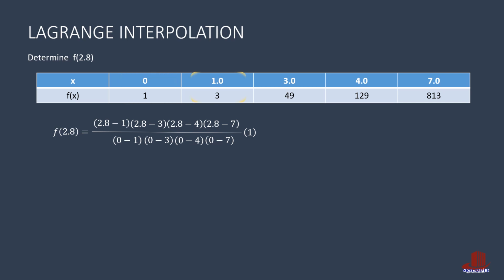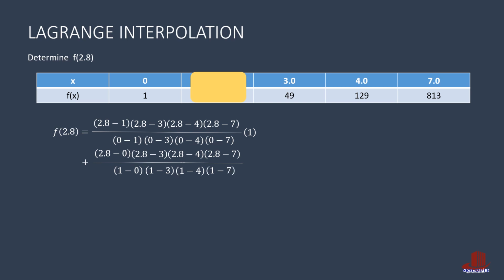The second term is computed by covering the second data point. So the numerator has 2.8 minus 0, 2.8 minus 3, 2.8 minus 4, and 2.8 minus 7. The denominator comprises 1 minus 0, 1 minus 3, 1 minus 4, and 1 minus 7. The ratio is also multiplied by the covered y, 3.